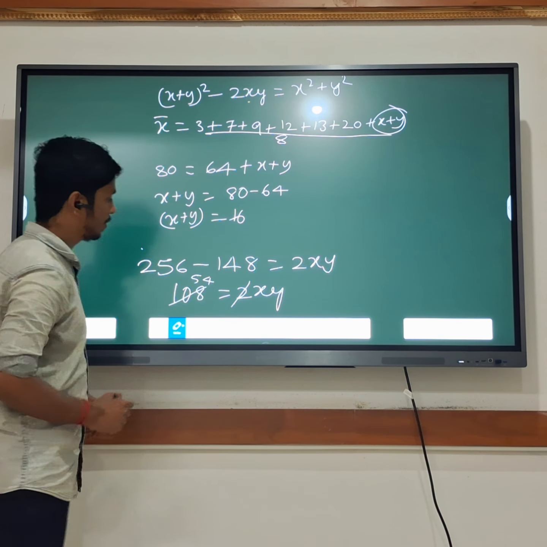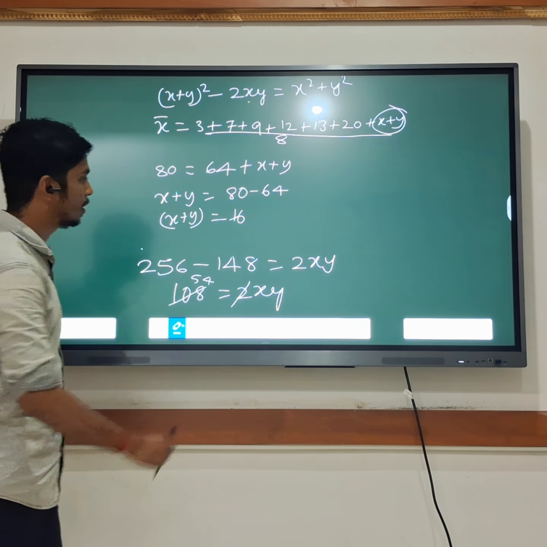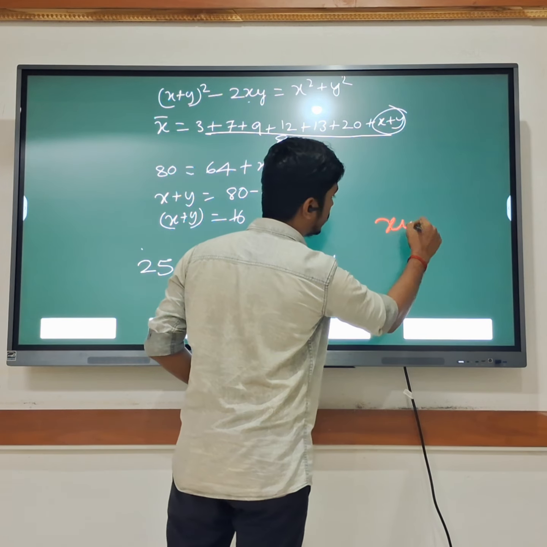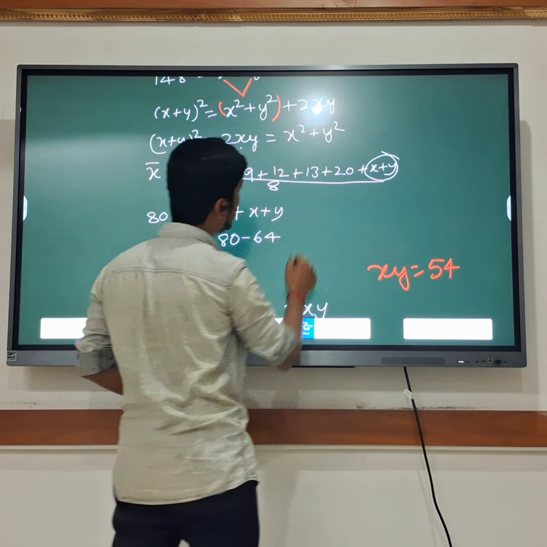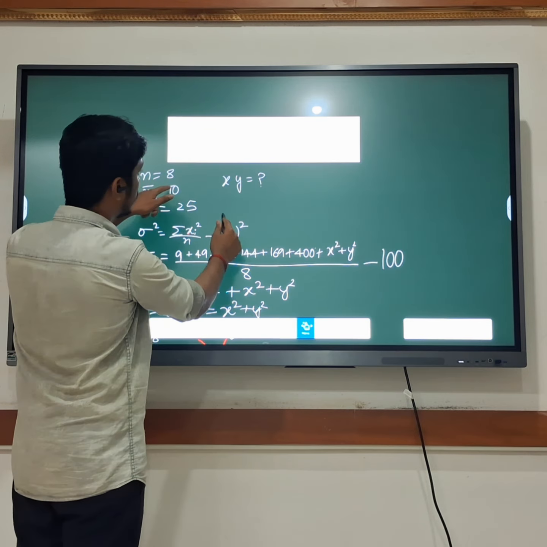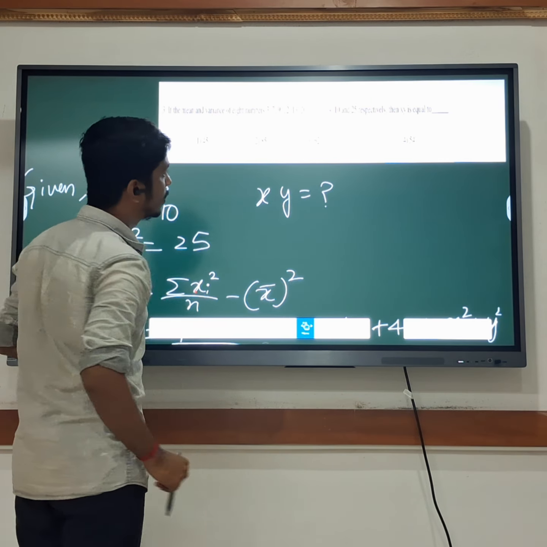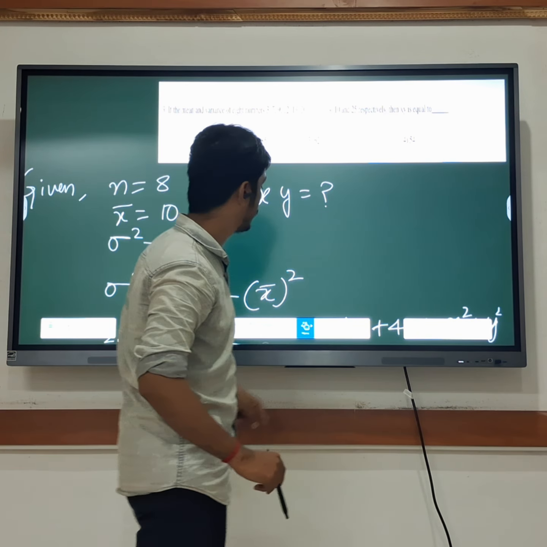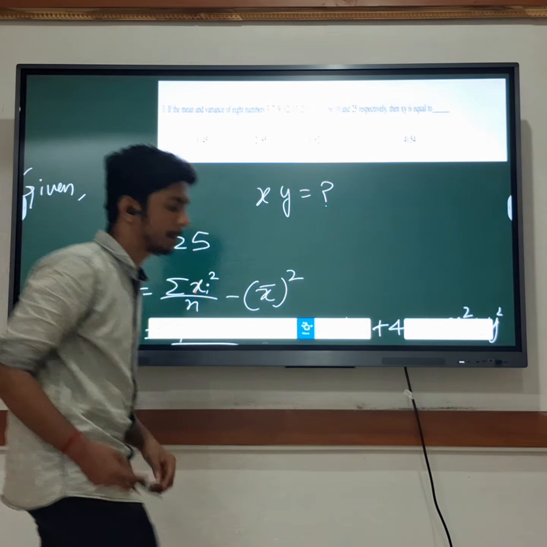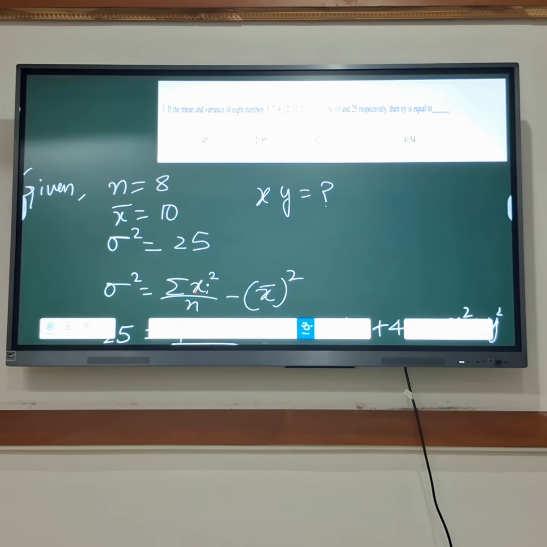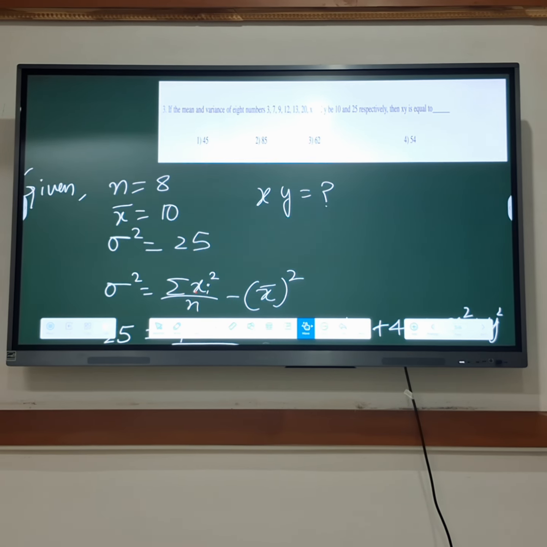So the value of xy is 54. So see the option. Yes, 54 it is.